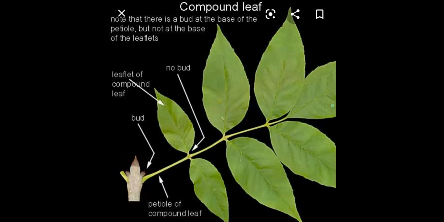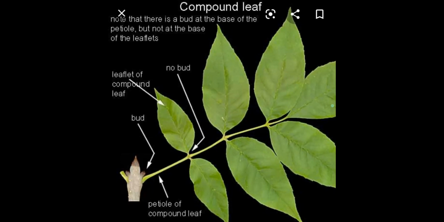Question answer. First question: if a simple leaf is there, one single leaf is there, then how many axillary buds are present?